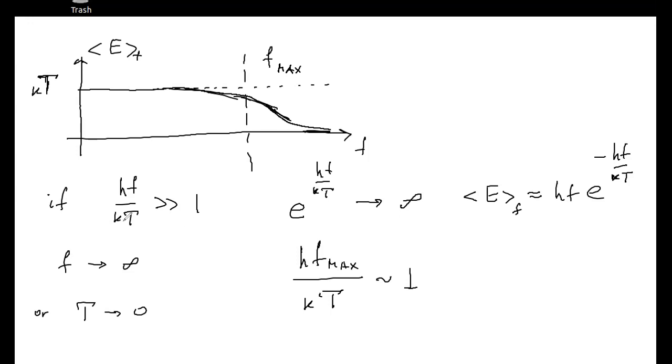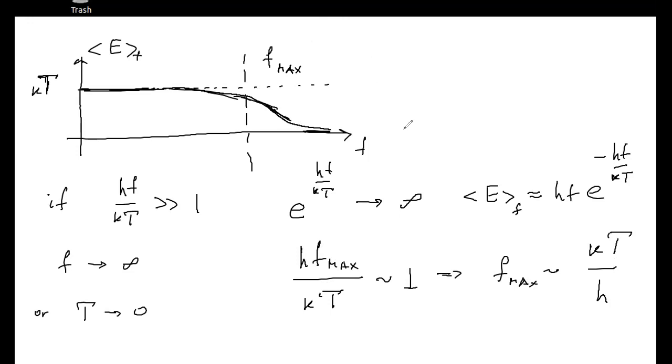If this index is very large, I have exponentially small energy. If this index is very small, I have kT. And when it's of order 1, then I have something intermediate. It will give me the typical frequency, kT over h.